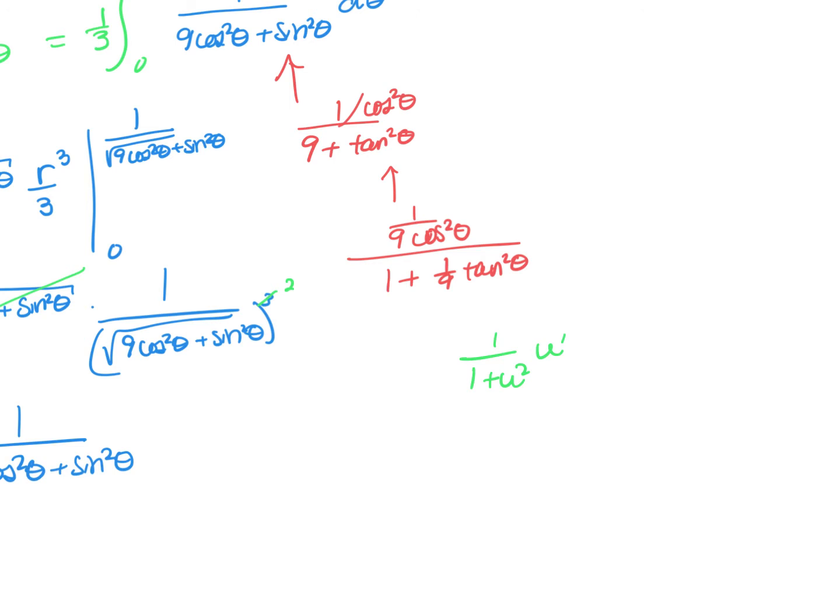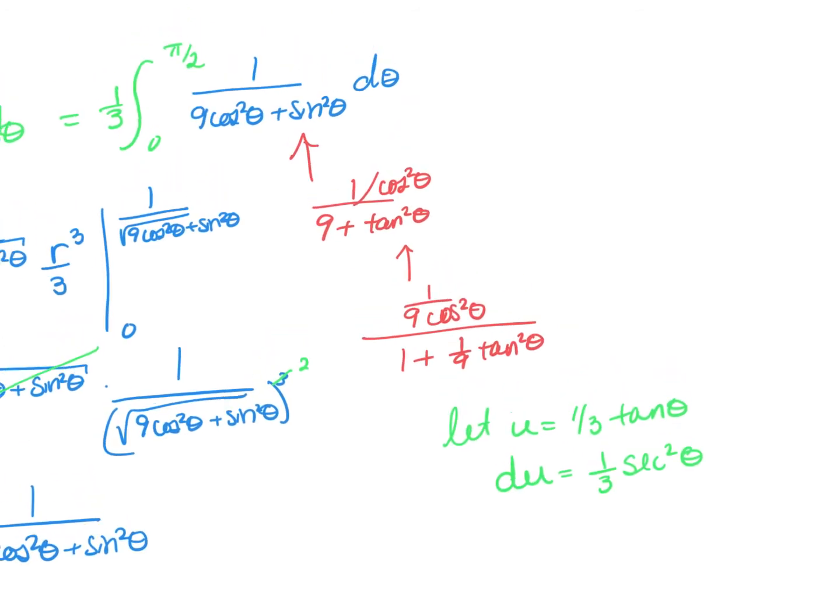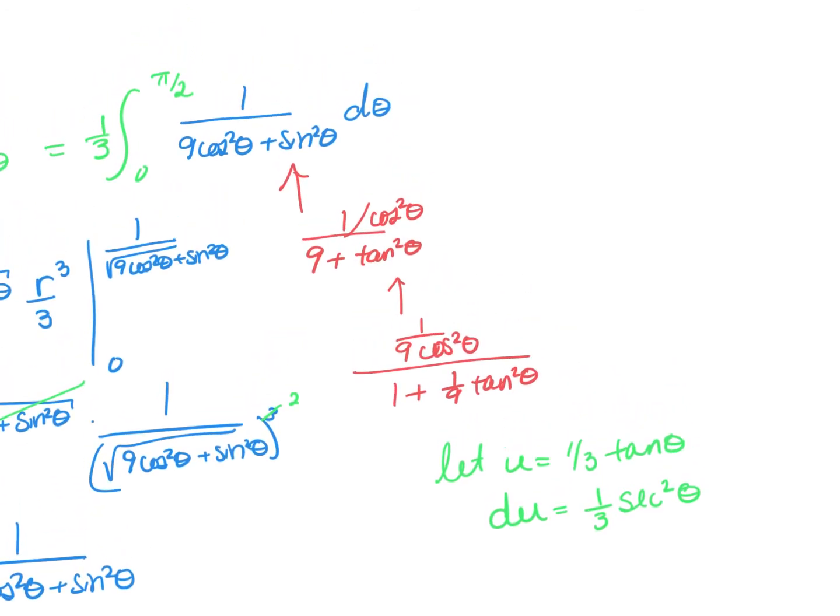So if that's what it looks like, let's go ahead and label. Let u equal 1/3 the tangent of theta. Then du is going to be 1/3 the secant squared of theta. Ew, well, look at that. Now, normally I'd change my limits of integration, but I'm going to wait.